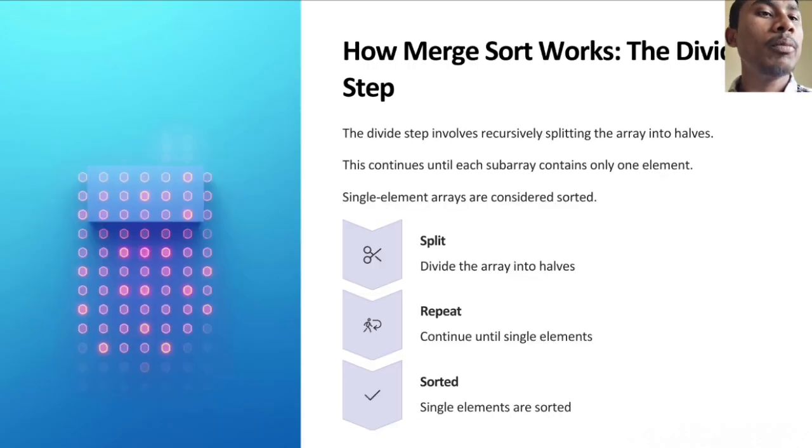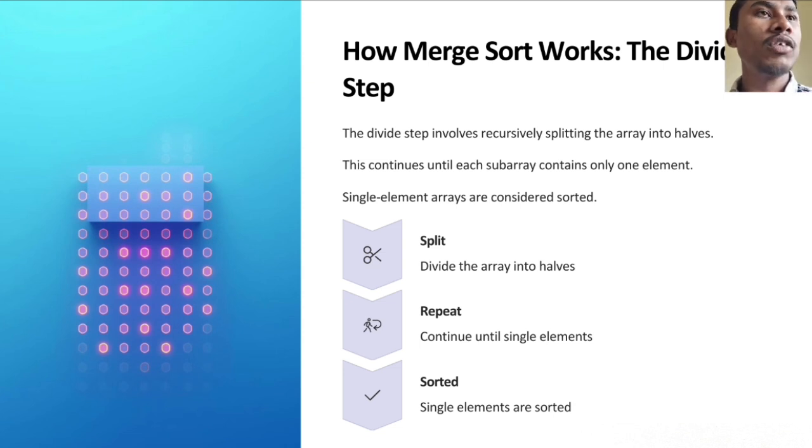So how does merge sort work? The divide step involves recursively splitting the array into two halves. This continues until each subarray contains only one element. So if you have any elements, these elements are divided separately until we get one element in each subarray. Single element arrays are considered as sorted.